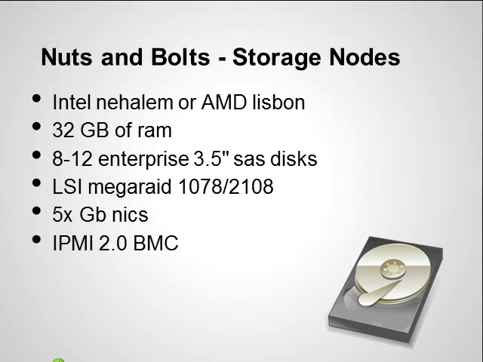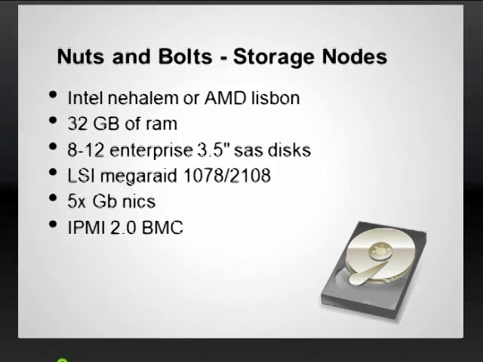And then for out-of-band management, we use IPMI 2.0. In future deployments, we'll definitely be switching over to 10 gig Ethernet. Some of our newer clusters are designed that way. It's a lot simpler.